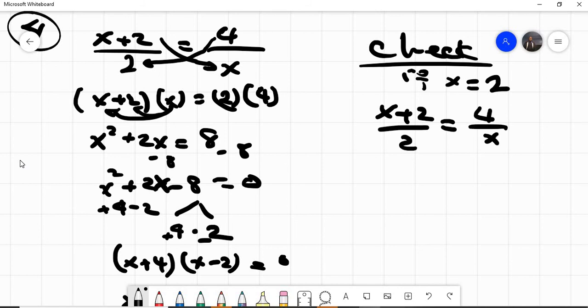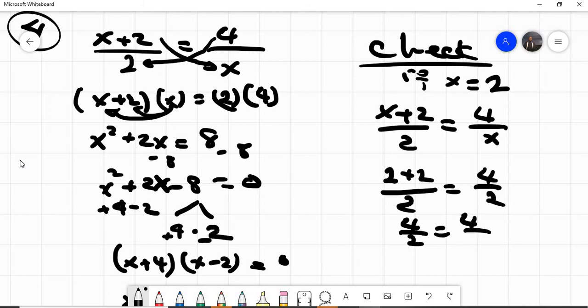So substituting 2 for x, 2 plus 2 over 2 equals 4 over 2. So 2 plus 2 is 4, 4 over 2 equals 4 over 2. 4 divided by 2 is 2, so 2 equals 2. So our solution, x is 2, is very good. It's correct.